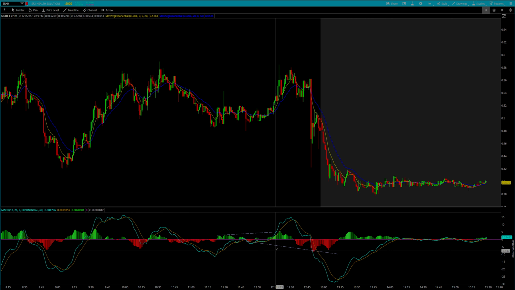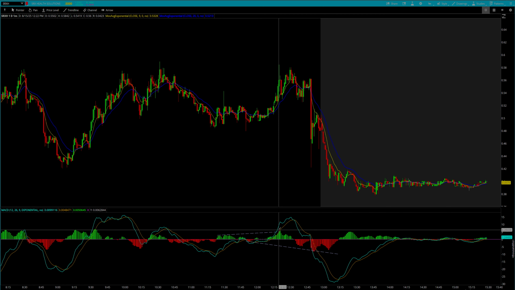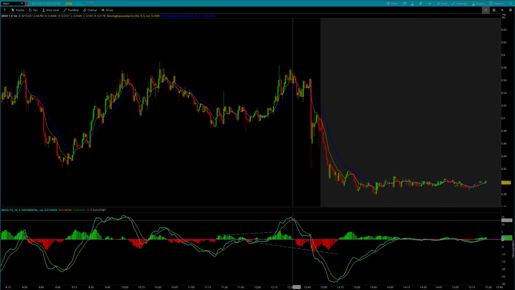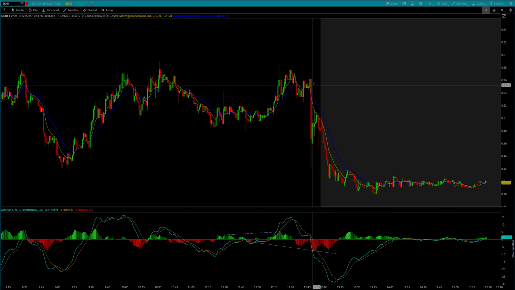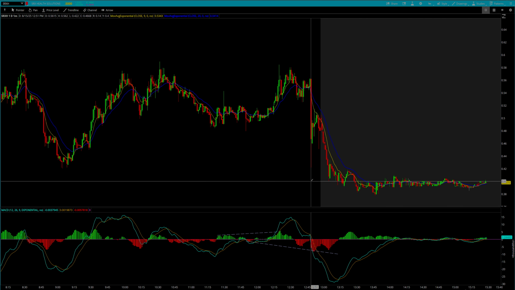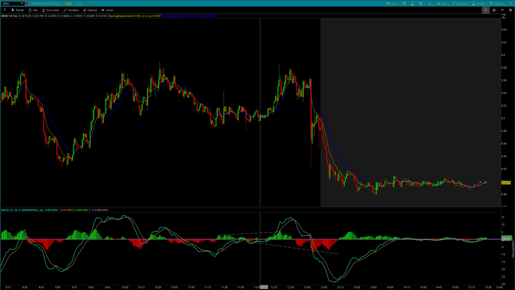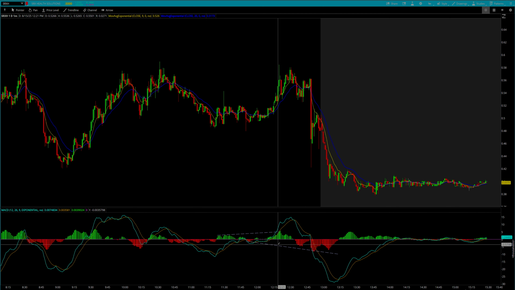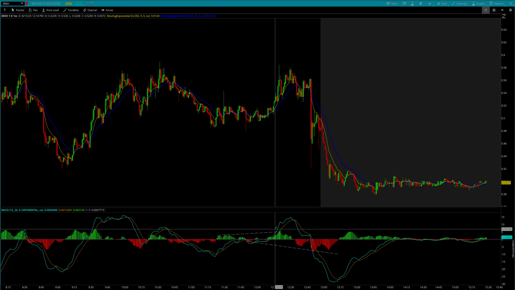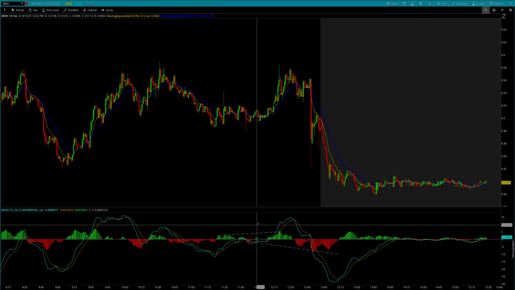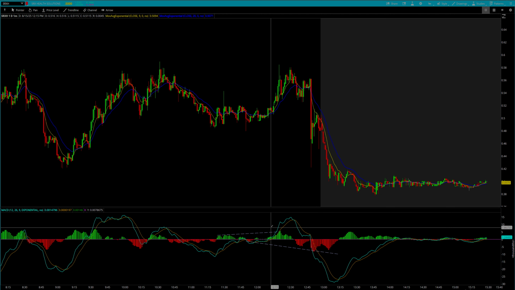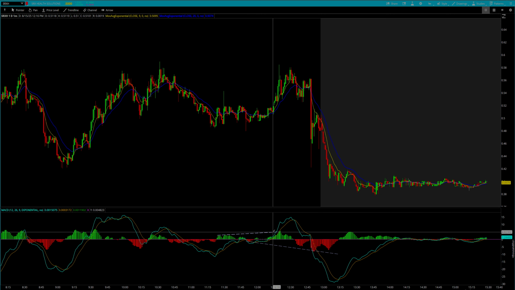So when these two lines are separating themselves, it means it's going to go up. Now, this one didn't have the strength, and based on that candle there, it just fell. But generally, that's what you want to look for. You want to look for some divergence for the price to move up. This works the opposite if you're shorting, but I'm into bullish, so that's what I'll talk about.